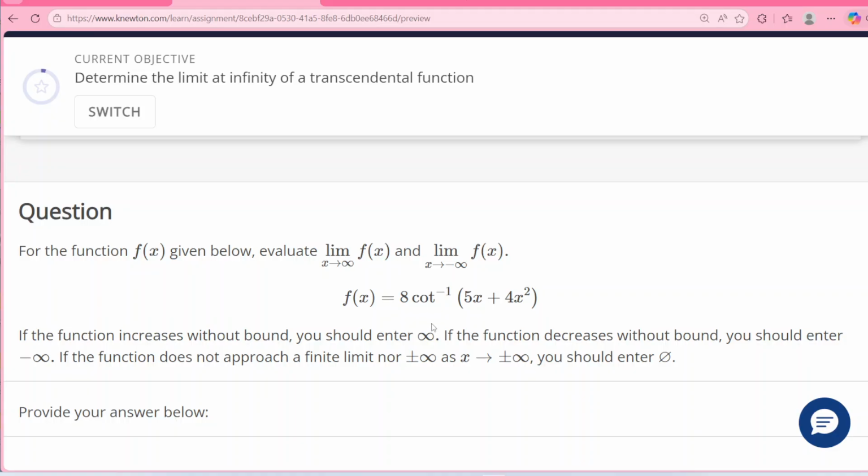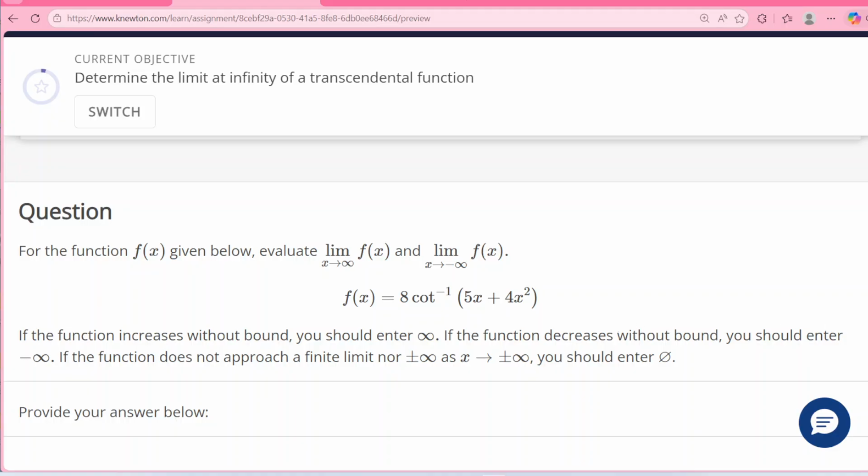Right, so another one. Now this is your inverse cotangent. So remember, either way, look at the lead term of the polynomial in here, which is 4x squared. So whether x gets huge positive or huge negative, the expression inside here is going to be huge positive.